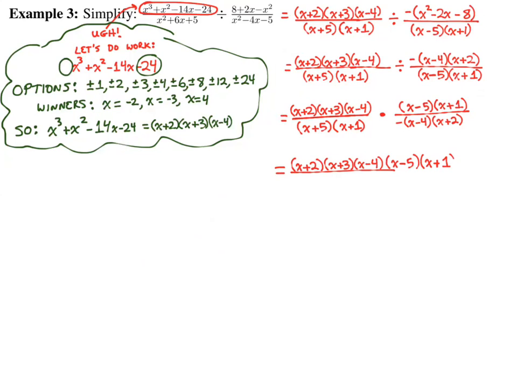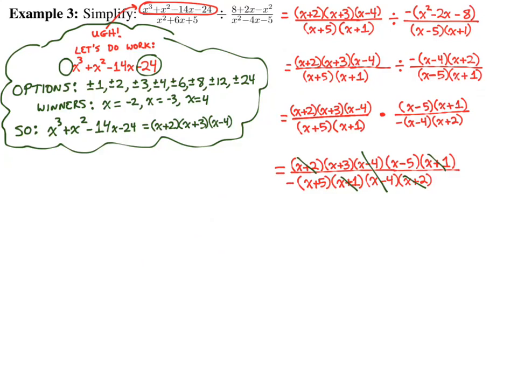Here we go. There's the numerator. There's the denominator. There's that negative sign because we had it there. Here we have it factored now. Let's cancel. The x minus 4's cancel, the x plus 1's cancel, and the x plus 2's cancel.